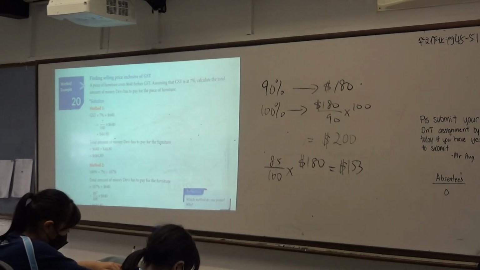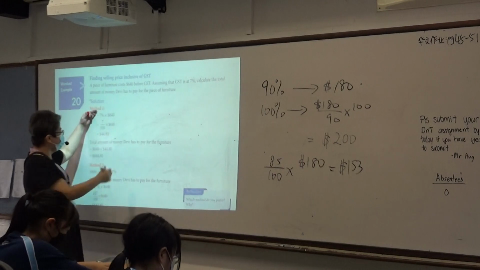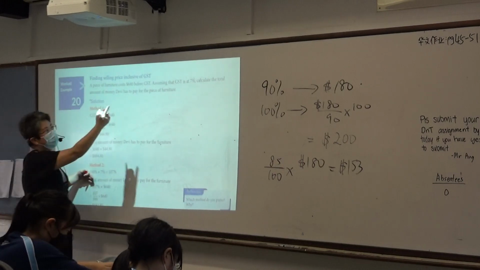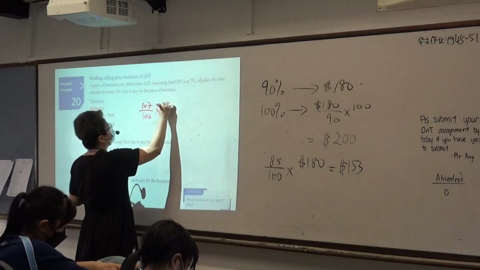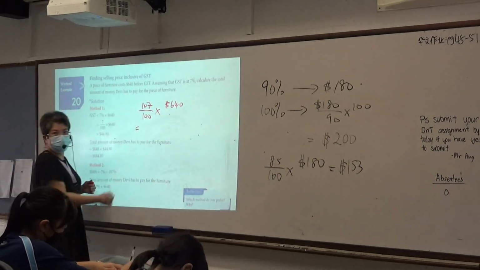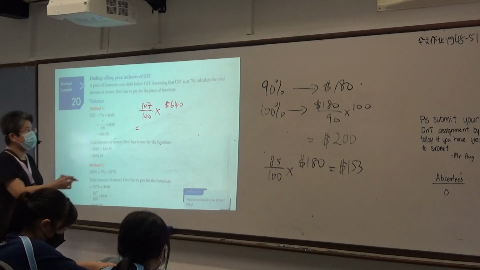Assuming that GST is at 7%, calculate the total amount of money David has to pay for this piece of furniture. Now, do you agree that if 7% is added, it is 107%, times 640, am I right? Okay, can you press your calculator? How much is this?